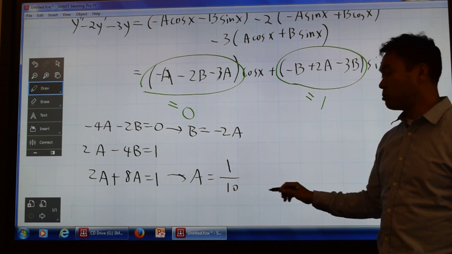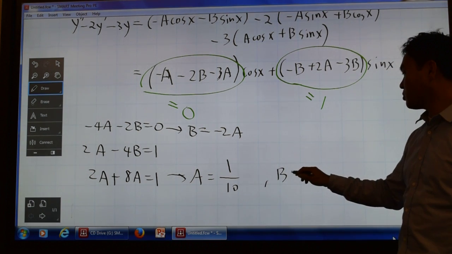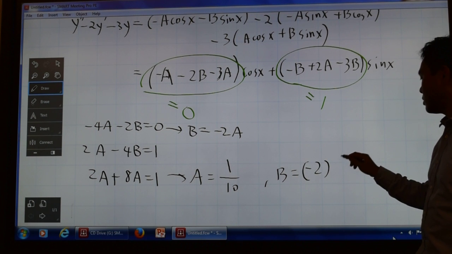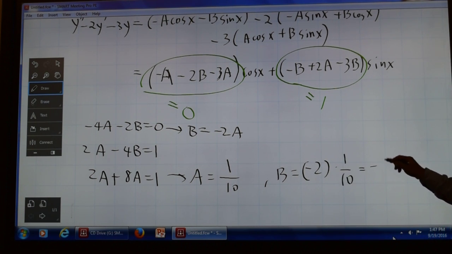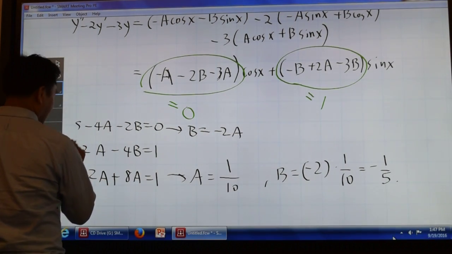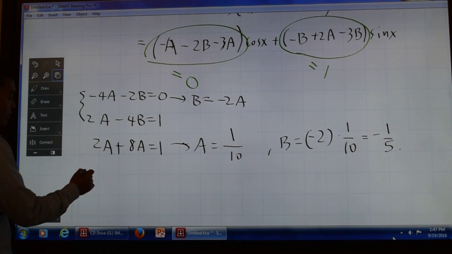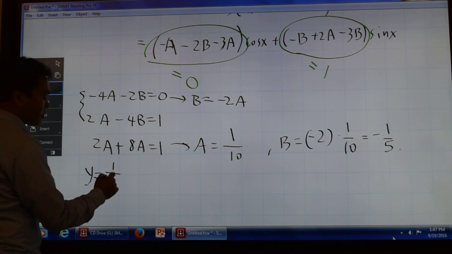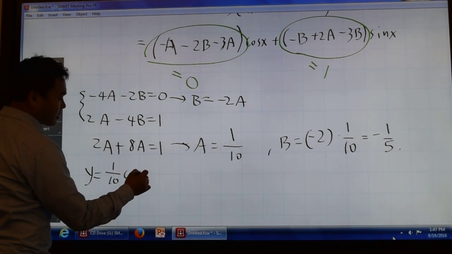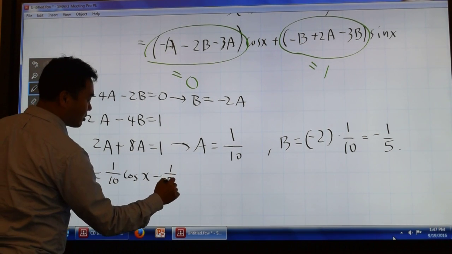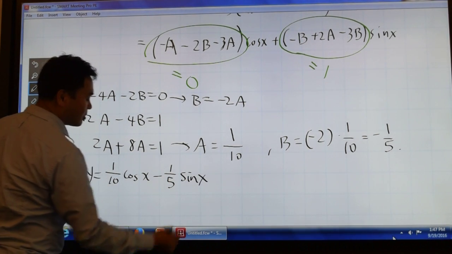And then plugging it back into b, you get b equals negative 2 times 1/10, which is negative 1/5. I solved the system rather quickly, but you will see that the answers make sense.